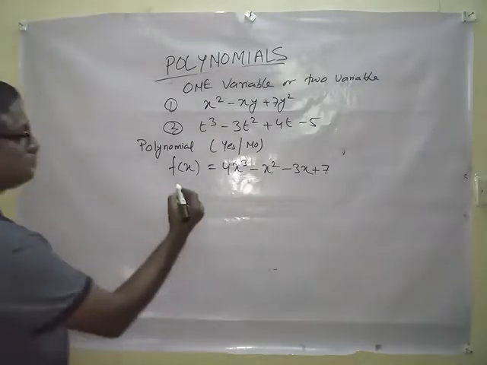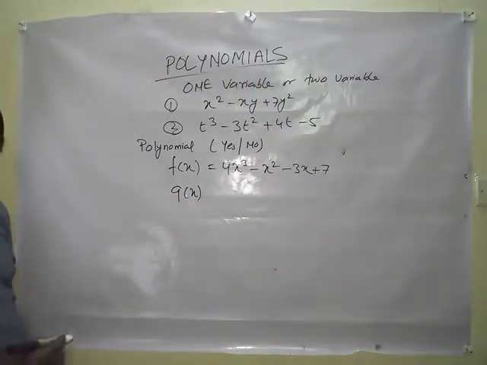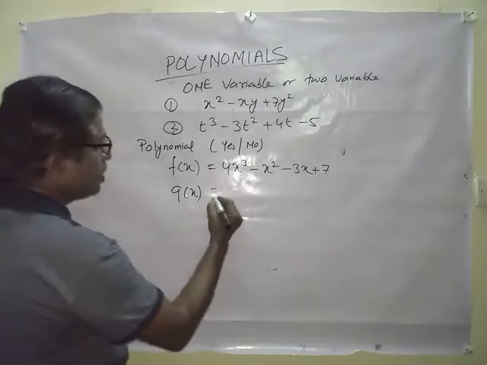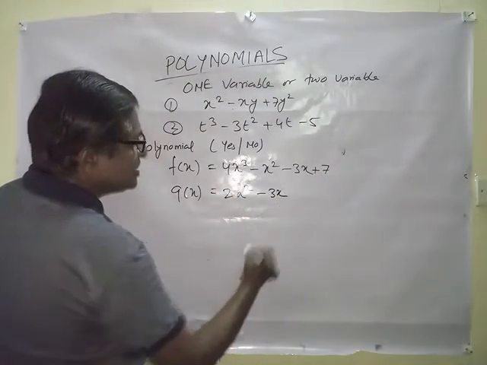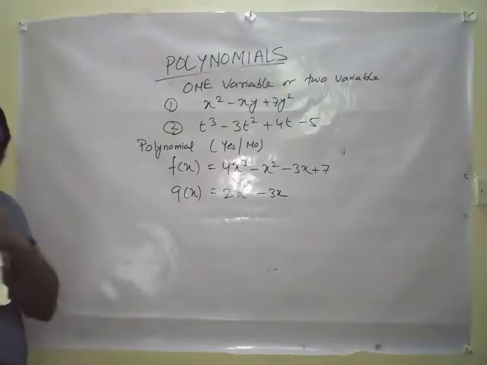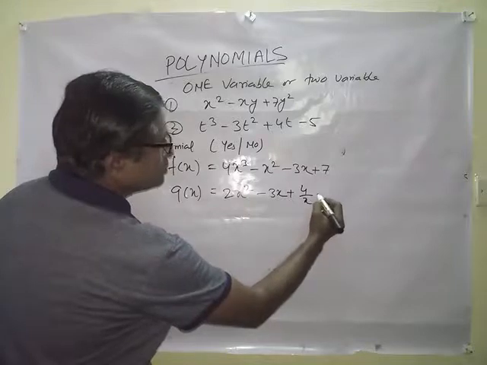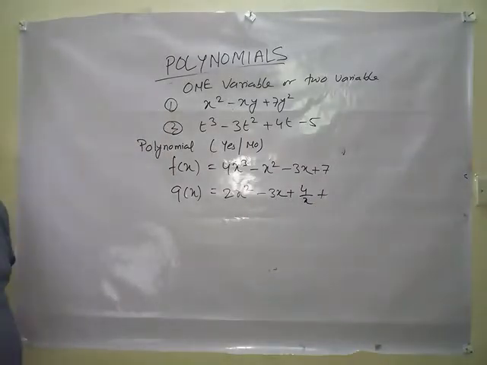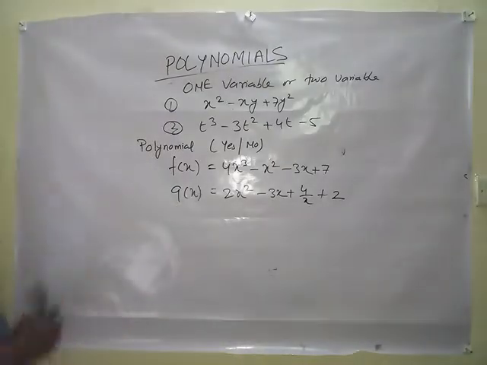Second, q(x) is equal to 2x square minus 3x plus 4x plus 2. This also you have to solve.